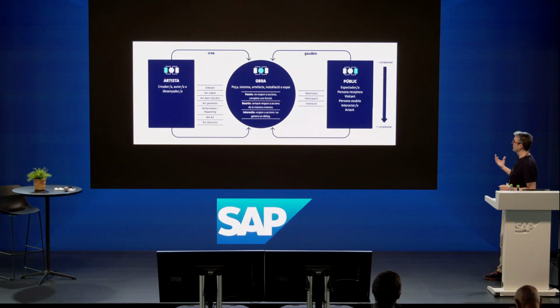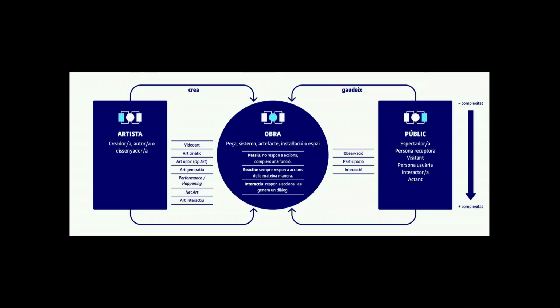We also built that big diagram, which is in Catalan, to try to understand, because when we talk about art made by or with computers, that's even more important because there is interaction. So the computer or the system somehow acts, right?